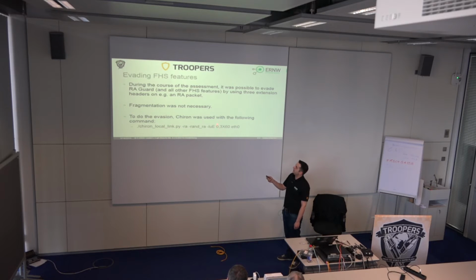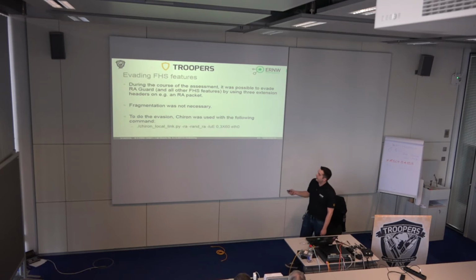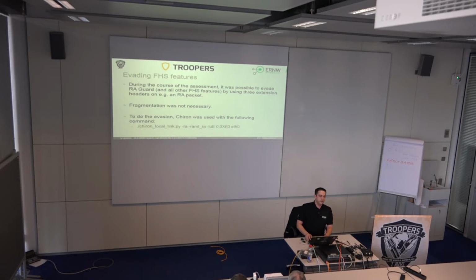These numbers here are the extension header numbers. 0 is the hop-by-hop header. I said, please insert a hop-by-hop header and 3 destination options headers and send them out over eth0. And with that, it was possible to circumvent the RA guard feature, without the need for fragmentation at all.